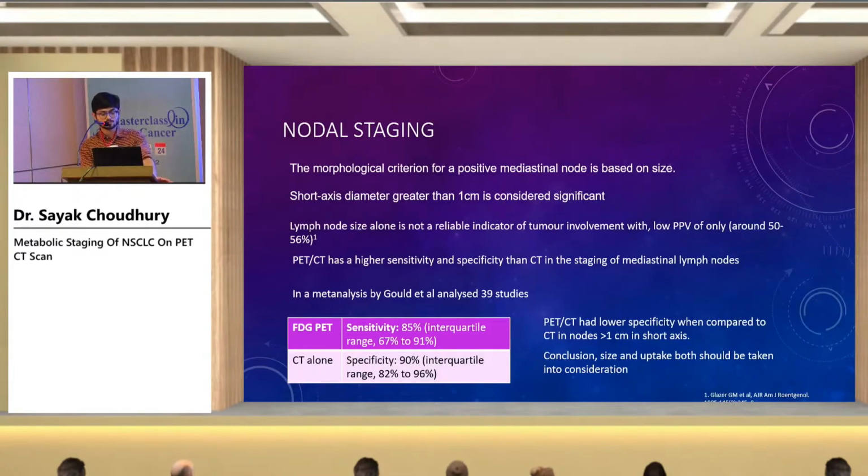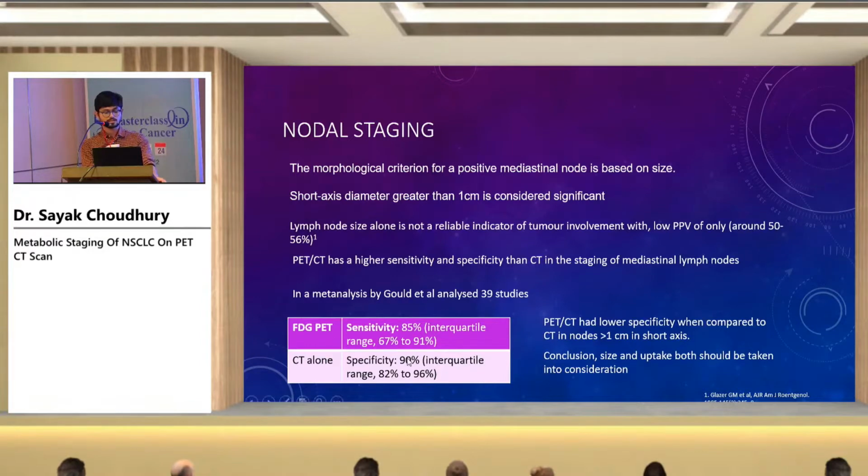Regarding nodal staging, the morphological criterion for nodal staging is based on size. More than 1 centimeter in short axis is considered significant. However, it is not enough because it has a very low PPV, around 50 to 56%. PET-CT has higher sensitivity and specificity than CT in staging mediastinal lymph nodes.